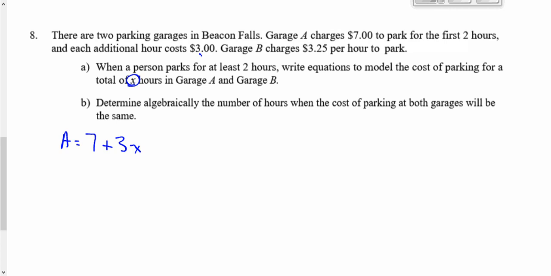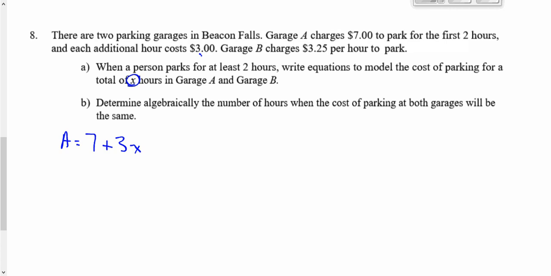Wait a minute. The first 2 hours are already taken care of here. So you're not multiplying 3 times 10. It would be 3 times what? 8. Okay. If you park for 6 hours, it would be 3 times what? Because the first 2 hours, 4.